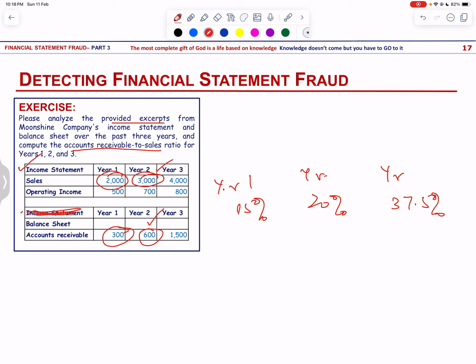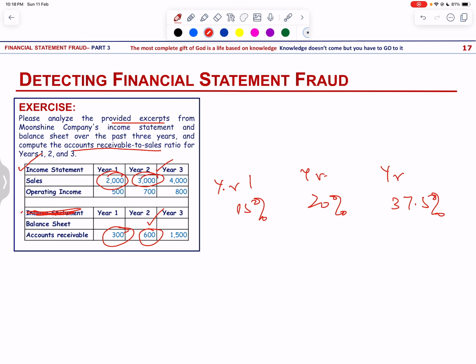A possible scenario may be premature revenue recognition. So if accounts receivable increases disproportionately to sales, it could indicate that sales are being recorded before the company has actually received payment. This may suggest premature revenue recognition, where sales are recorded before they are earned, leading to an overstatement of revenue and profit.